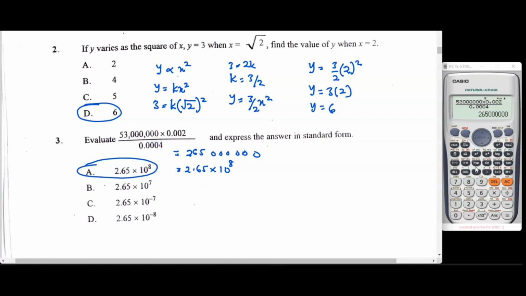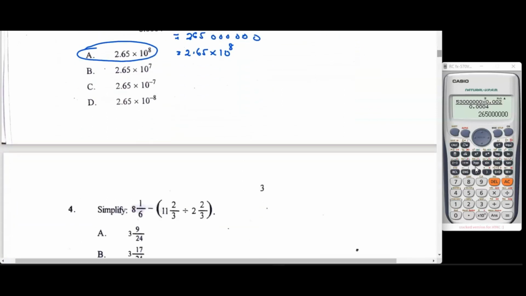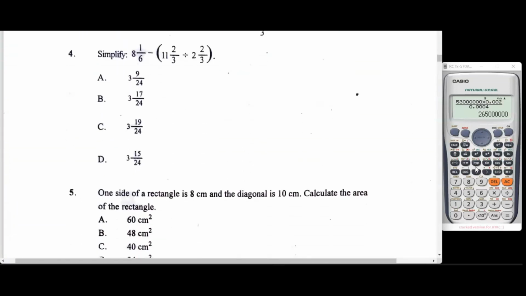Let's move forward to our next question, which is question number 4. Question number 4 is also a question you can equally use the calculator to generate your answer. So I don't need to waste my time here. We go straight ahead, clear the screen so that you can move faster. Now we have shift and then the fraction sign that gives us the mixed number fraction.